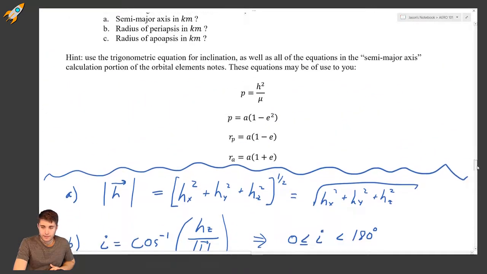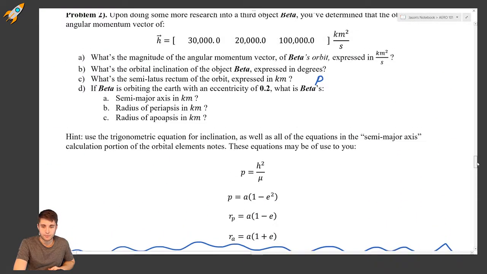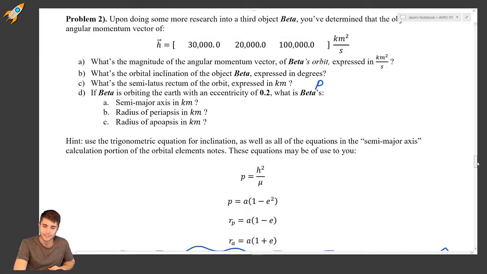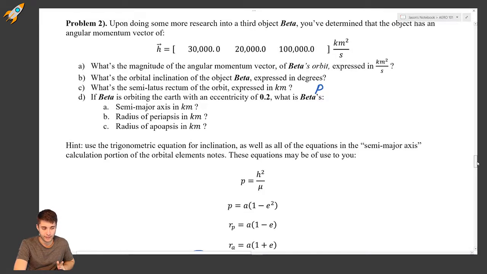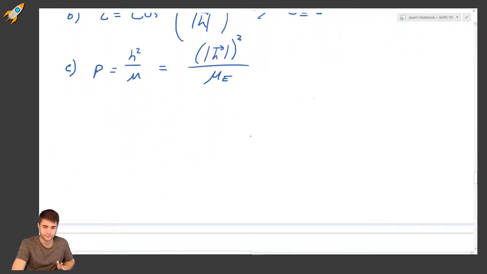And then lastly, we have this. If beta is orbiting the Earth with an eccentricity of 0.2, what is beta's semi-major axis, radius of periapsis, and radius of apoapsis? So let's calculate that. We know the following other equation for p: p is also equal to a times 1 minus e squared.